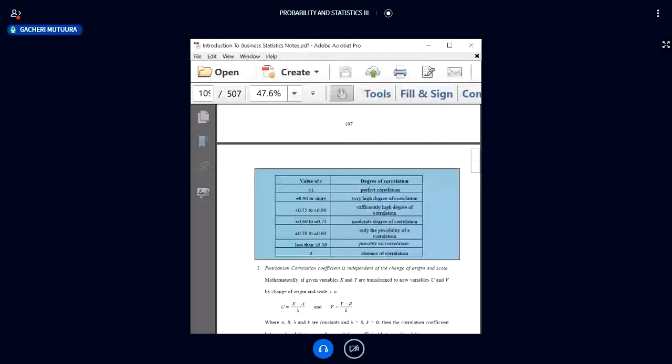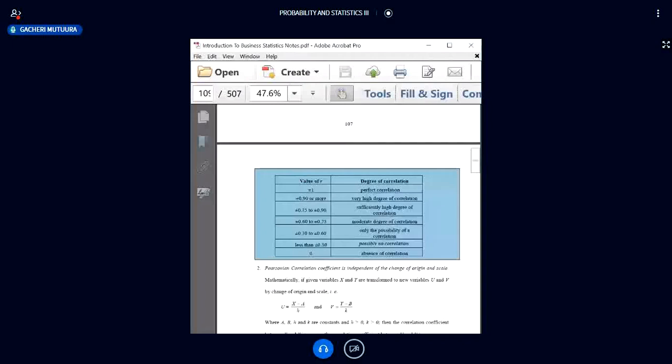If it is positive or negative 1, that is perfect correlation, at 100%, either 100% negative or positive, so we call it perfect correlation. If it is 90% negative or positive, it is a high degree.